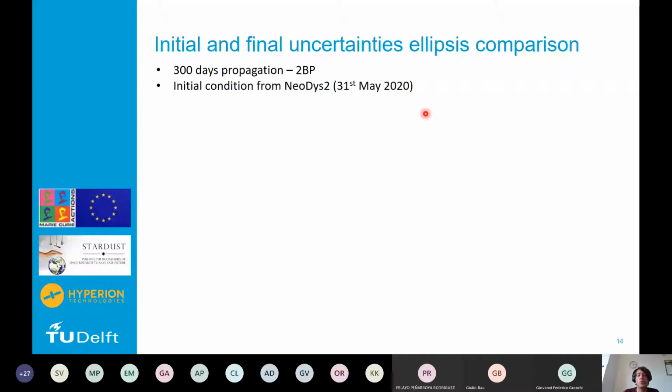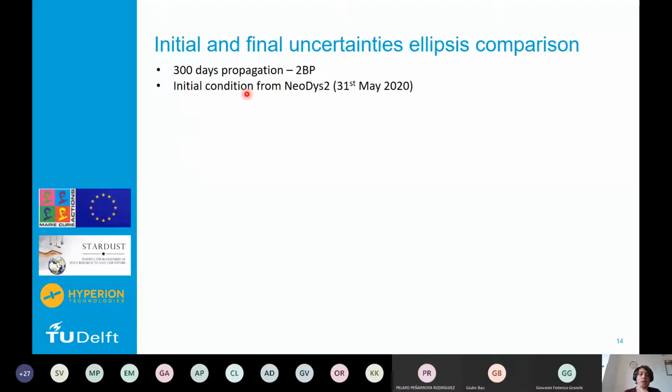To have a rough idea of these uncertainties, I performed a 300 days propagation in the full body problem, taking the initial conditions from the well-known NEODyS-2 portal, and these initial conditions were referring to the 31st of May 2020.